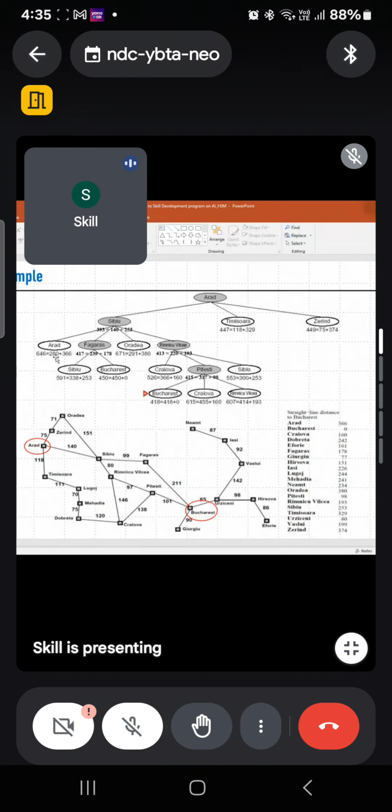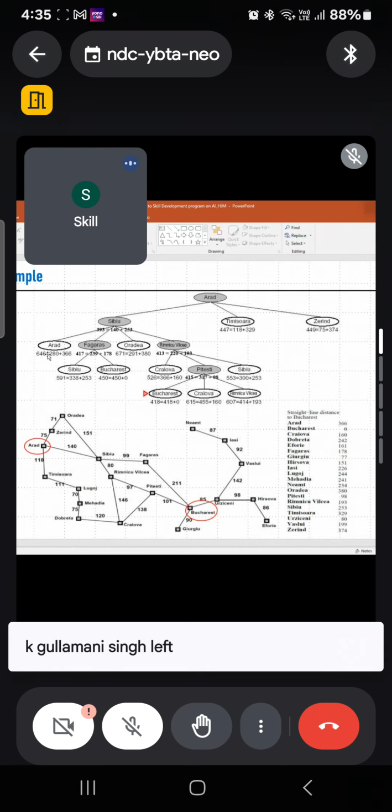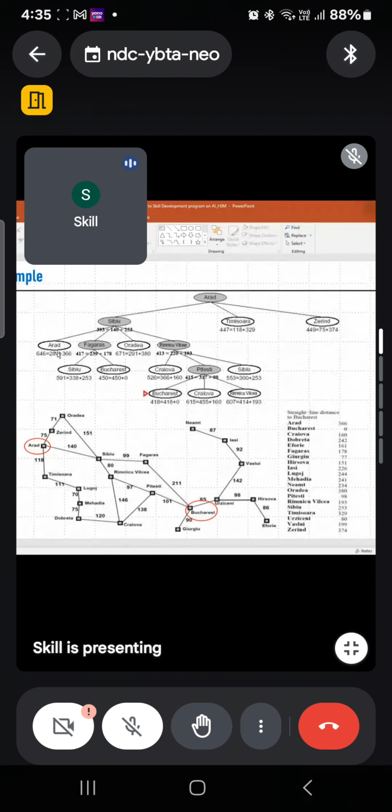We will get 646 for Arad. How 646? You can see that we already have the Gn value of 140 from Sibiu to Arad.